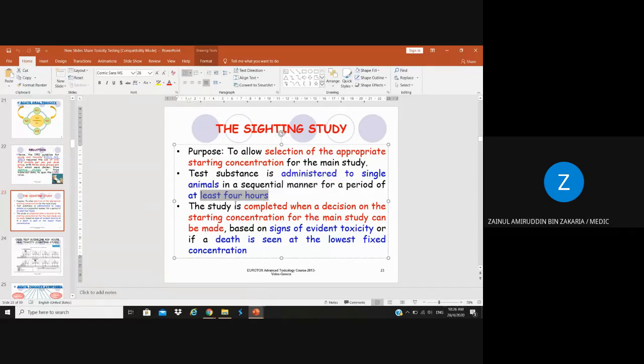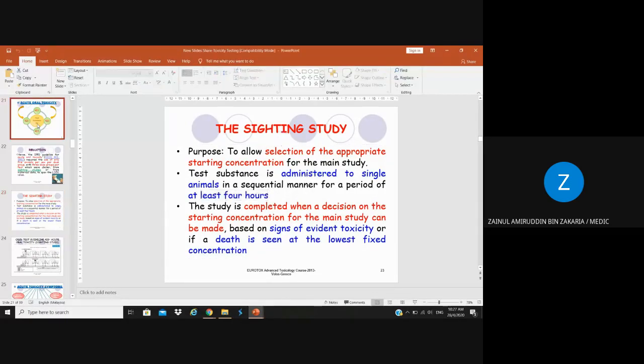The study is completed when a decision on the starting concentration for the main study can be made. So if you know at 300 it causes signs of toxicity, especially death, then you can design your acute toxicity study with 300 as the highest dose to be used.